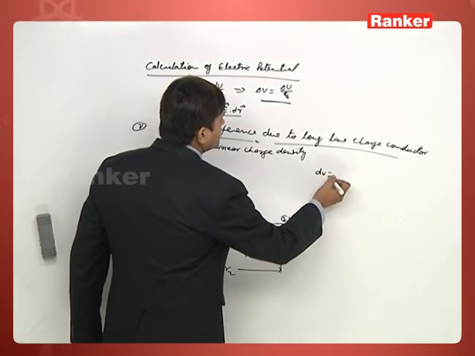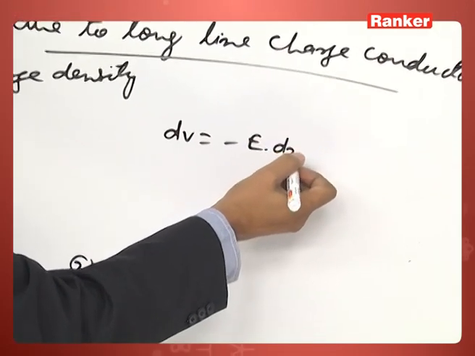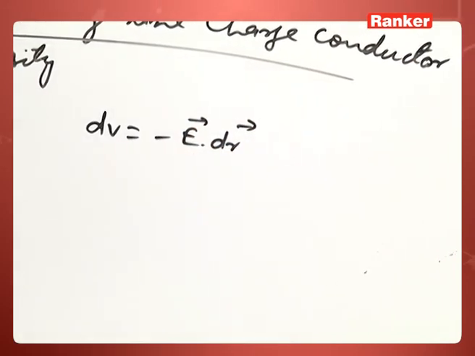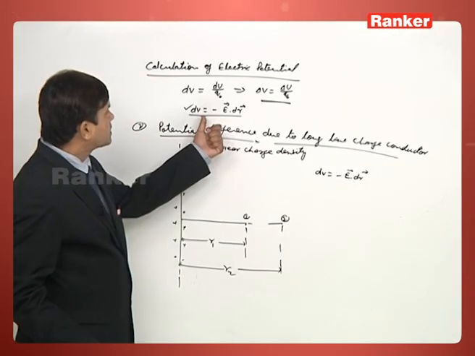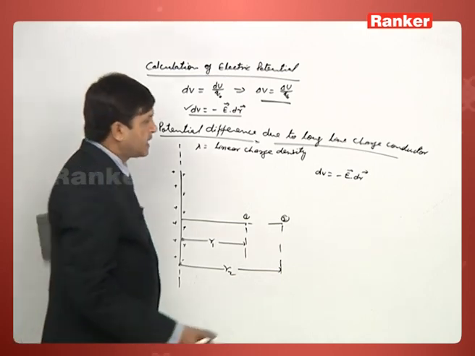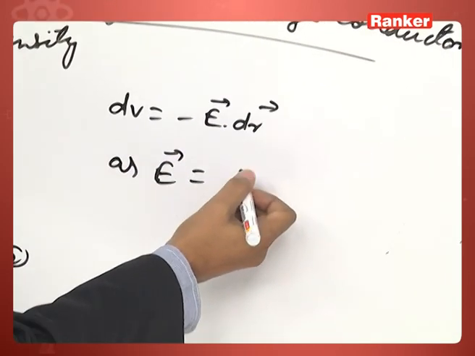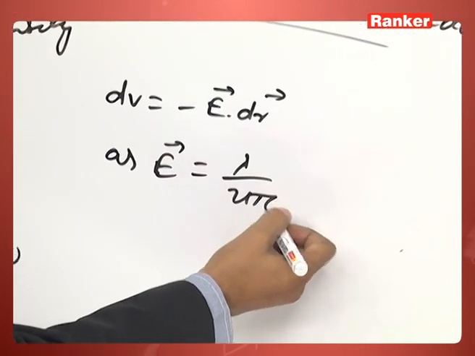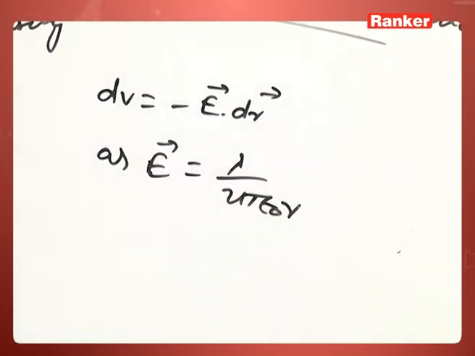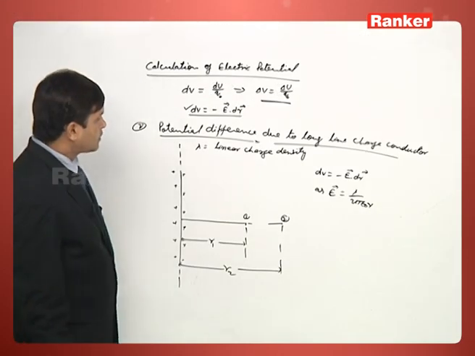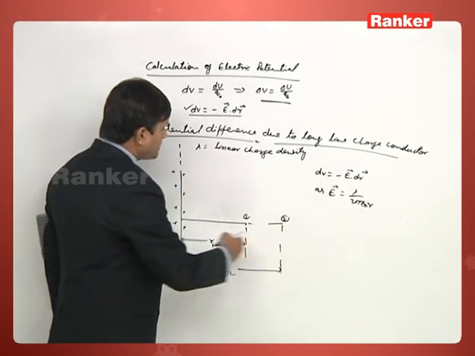dV is equal to minus E dot dr. So the electric field due to a line charge conductor is given as lambda by 2 pi epsilon naught R. So the electric field is variable with position.